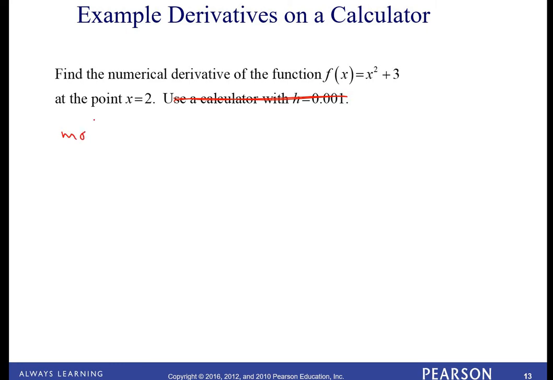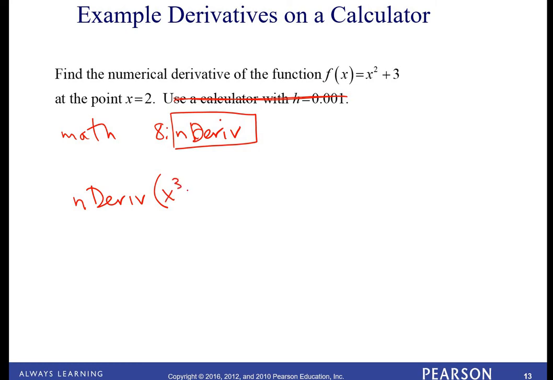So go to Math on your calculator, choose number 8, which says nDeriv. This is the numerical derivative. You should see something on your screen now that looks like this. The first thing we're going to do is put in our function, x squared plus 3, then put a comma, and we're going to say we want to evaluate this function for a derivative when our x value is 2.